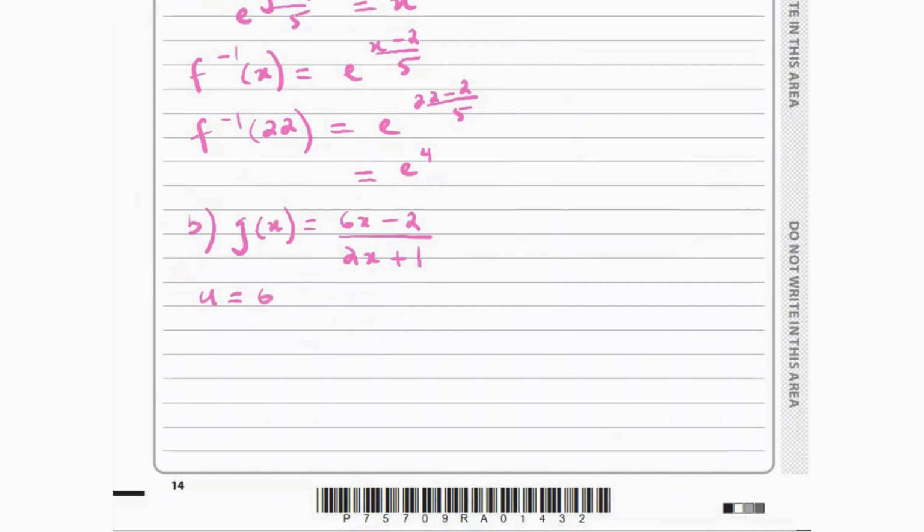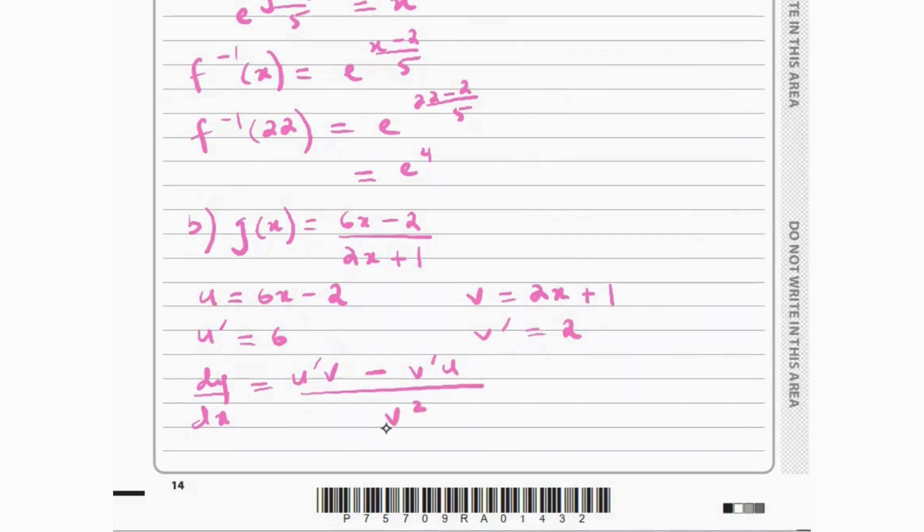The numerator u is 6x minus 2 and the denominator v is 2x plus 1. We differentiate them separately first. u derivative is 6, v derivative is 2. According to the quotient rule, it's u derivative times v minus v derivative times u, divided by v squared.